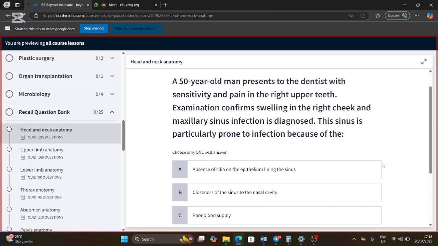A 50-year-old man presents to a dentist with sensitivity and pain in the right upper teeth. Examination confirms swelling in the right cheek and maxillary sinus, and maxillary sinus infection is diagnosed.